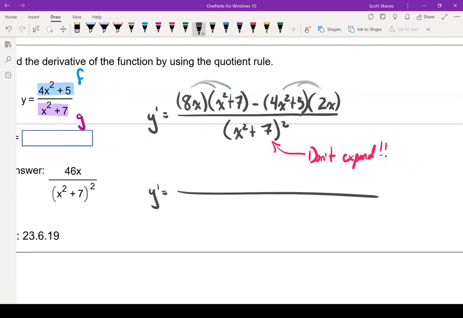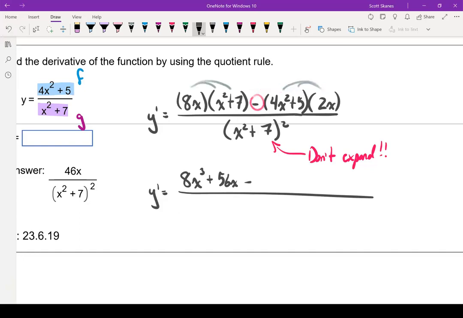So the top here is 8x times x squared is 8x cubed plus 56x. And then we have minus, right, it's basically negative 4x squared times 2x and negative 5 times 2x. If that's not messy enough to look at, I'll just erase those, but that's the idea.